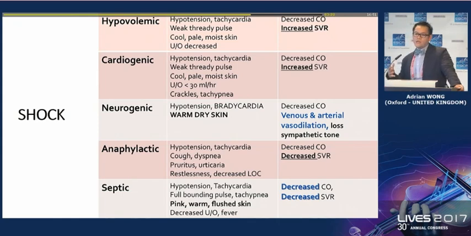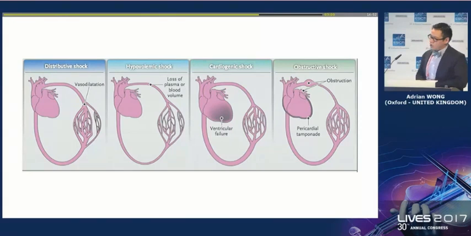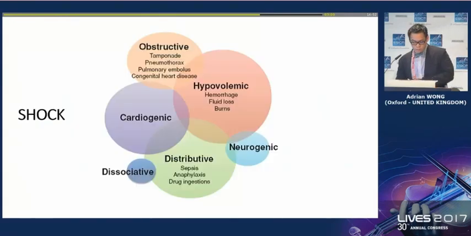They're very elegantly separated into these causes: hypovolemic, cardiogenic, neurogenic, anaphylactic, septic shock. The characteristic features in terms of their effect on the cardiac output and the cardiovascular system I've listed on the table on the right-hand side, illustrating, again, a different way of illustrating distributive shock, hypovolemic shock, cardiogenic shock, and obstructive shock.